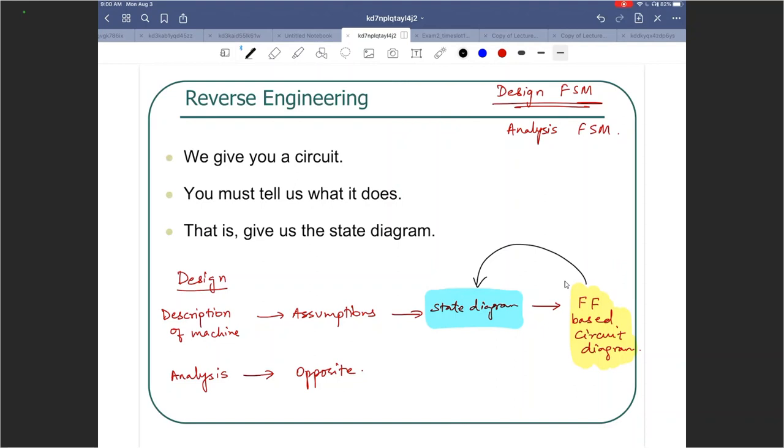So you may be able to in some cases describe the machine as well. Oh yeah, this guy is a finite state machine that detects two or more consecutive ones. So you might be able to do that by observing the state diagram very critically, but it only happens when you get to the state diagram, and you can get to the state diagram from the flip-flop based circuit by using reverse engineering. And in reverse engineering, the crucial thing is the characteristic equations of the flip-flops.